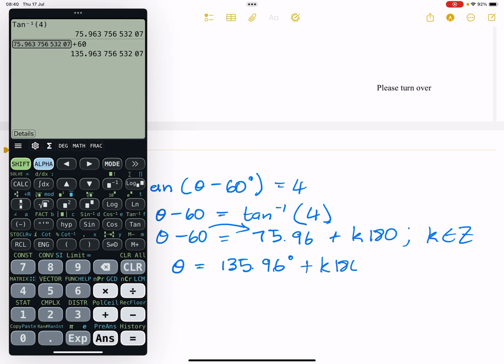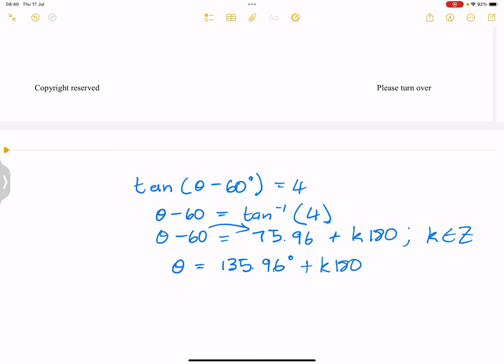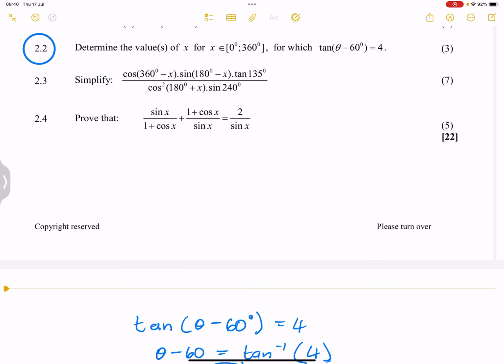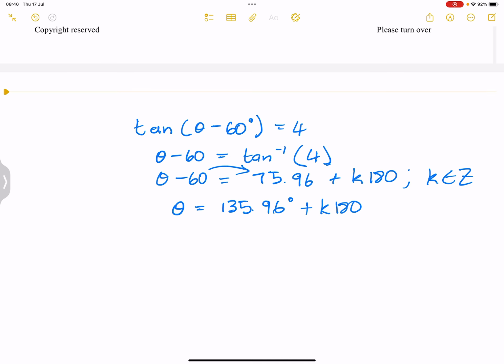Now, ladies and gents, for you to be able to find those angles, they've given us an interval between 0 and 360. So what I need to do is substitute integers for k.